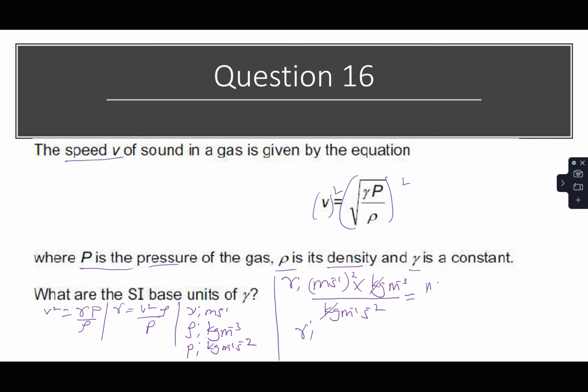I have meters squared seconds power negative 2 times meters power negative 3 divided by meters power negative 1 s power negative 2. S power negative 2 has also cancelled. So you notice I remain with m power 2 times m power negative 3. We add the powers.